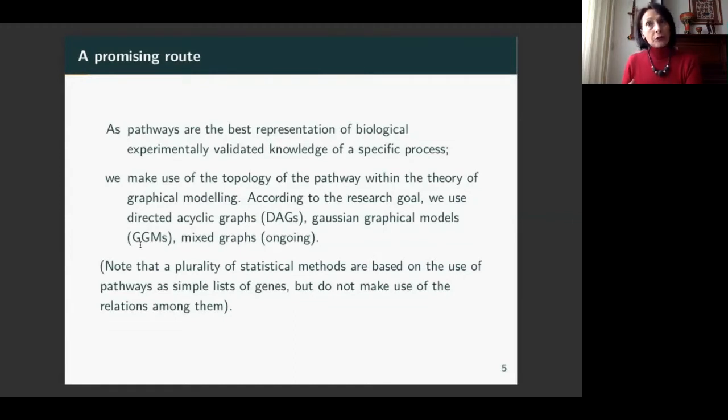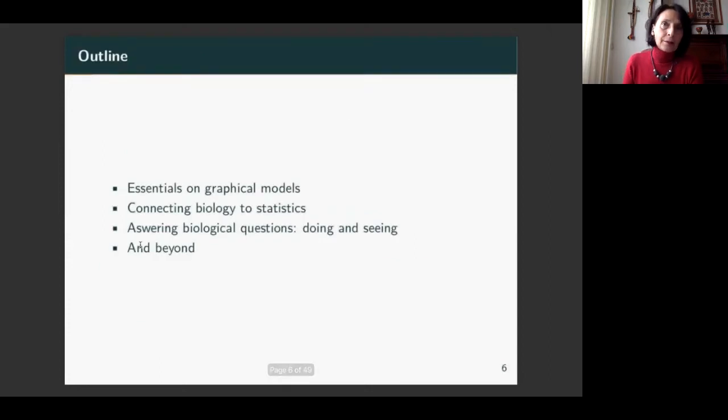Now, there are various statistical techniques and tools that make use of pathways, but they do not fully exploit their topology, or maybe they only partially exploit their topology. What we wanted to do was pushing this transfer to the largest possible extent. So what I'll be telling you today is this.